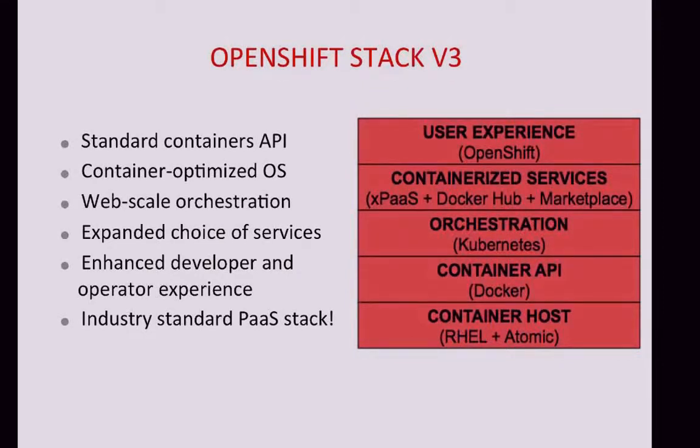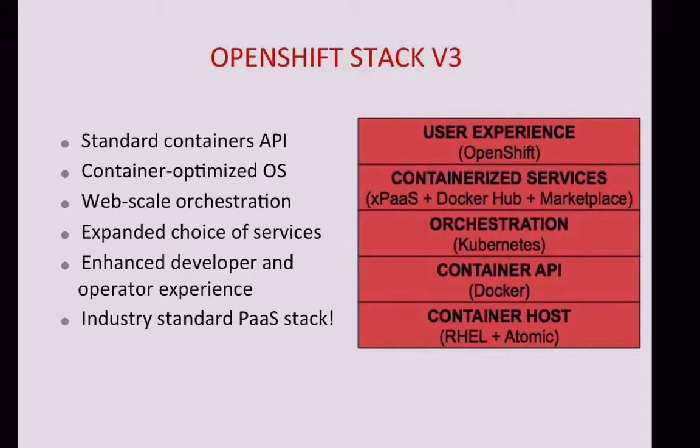And RHEL Atomic Host uses SELinux to provide strong safeguards in multi-tenant environments when multiple containers are running on the same host, and also provides the ability to perform atomic upgrades and rollbacks, enabling quicker and easier maintenance with less downtime. Now, both RHEL 7 and RHEL Atomic can be used for installing OpenShift, and RHEL Atomic comes pre-installed with Docker and Kubernetes.